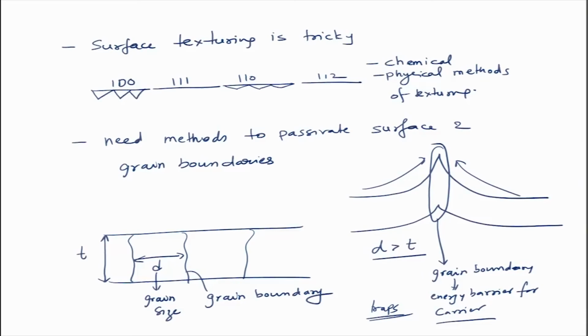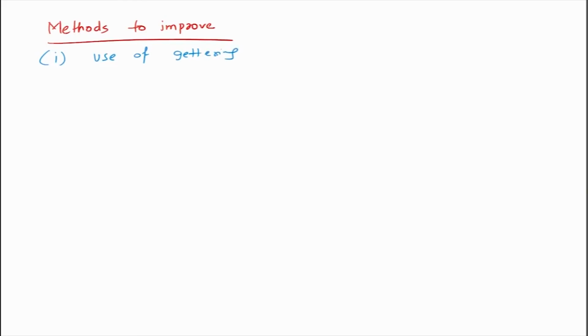So, what do you do in case of these solar cells to improve the performance? Methods to improve the performance: first thing that you do is use gettering. Gettering is the use of materials during processing which remove extra impurities. For example, titanium is a good getter because it sucks up oxygen.